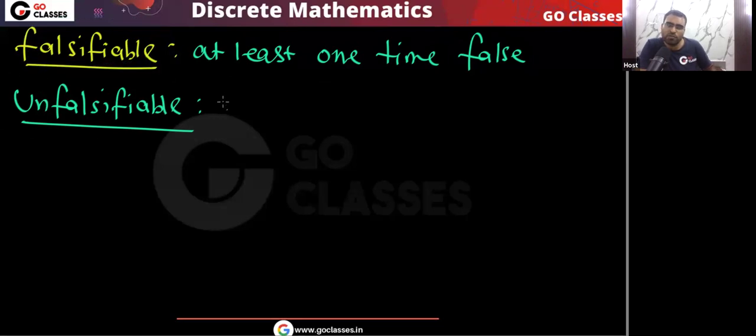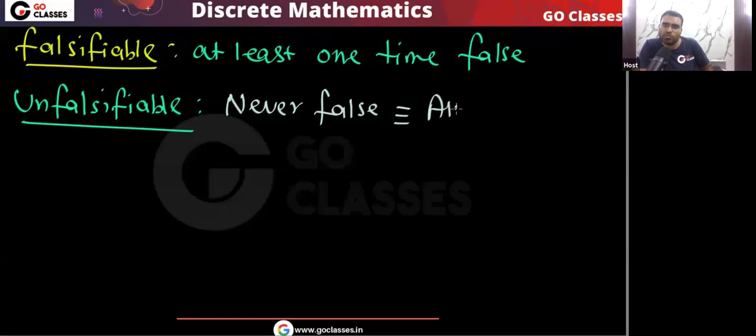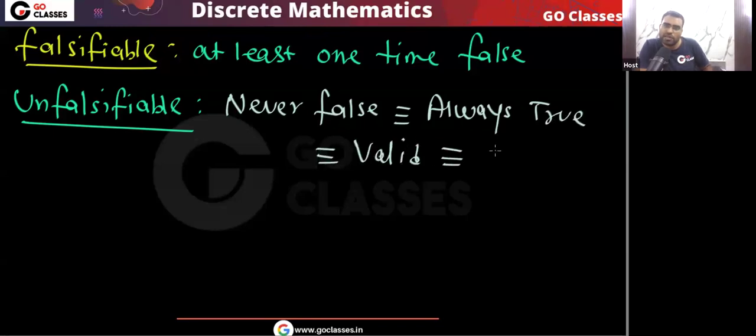Unfalsifiable means it is always true, never false. Yes or no? Unfalsifiable means never false. Agree? Never false is the same as always true. That is the same as valid. That is the same as tautology. Understood?